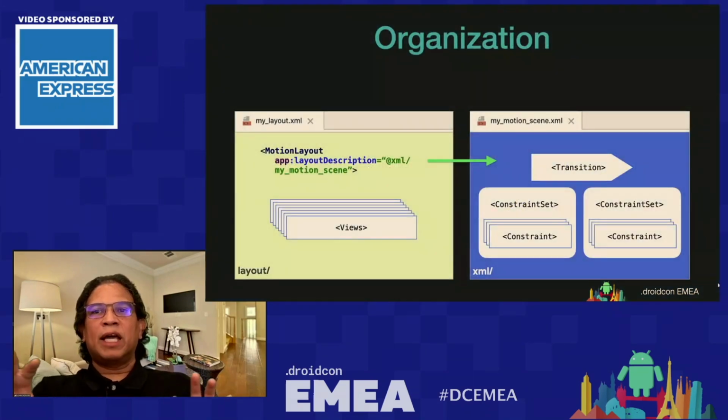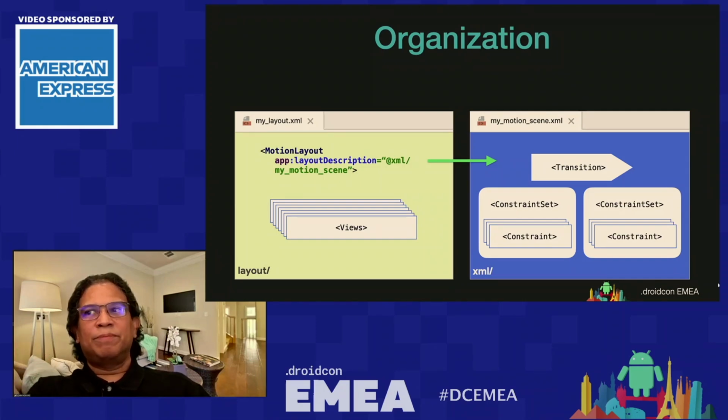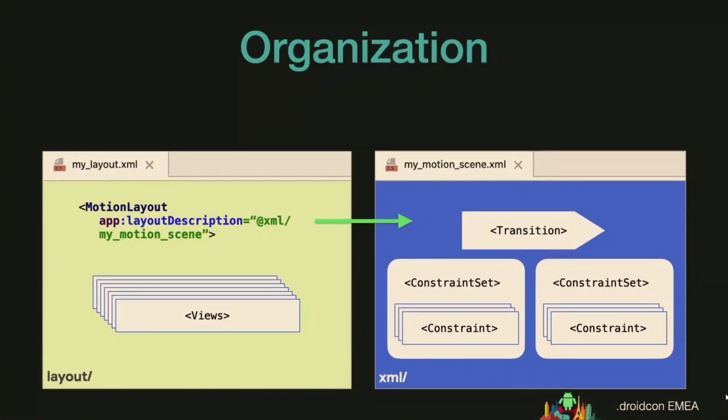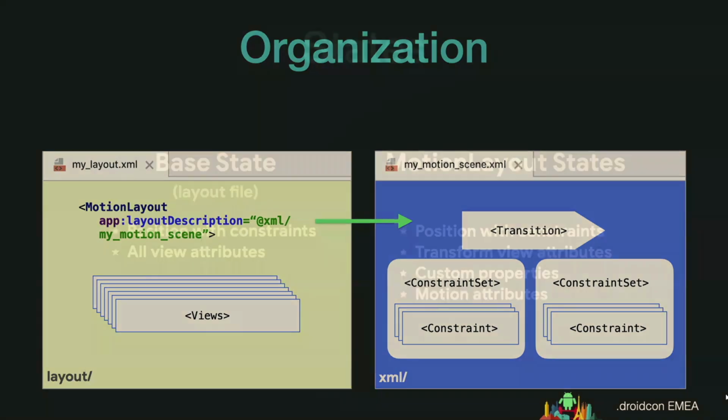And how it's organized in your code is that you have your layout file like you've always had before, and you also have a motion scene file. The motion scene file will contain constraint sets that represent the different states, and it will contain transitions.